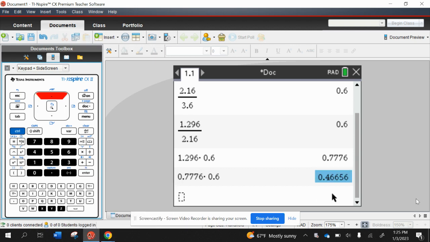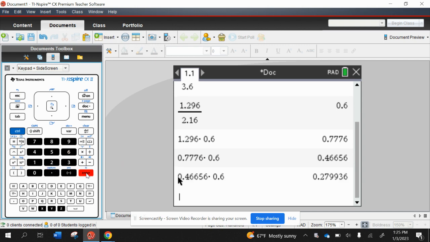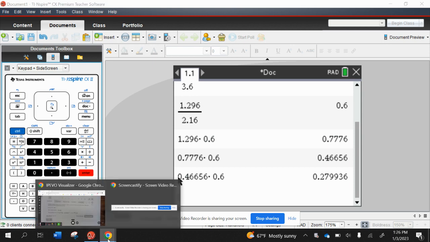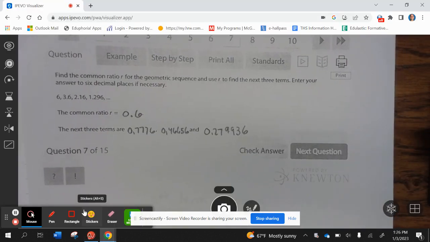And then we're going to highlight, enter, times 0.6 is 0.279936. All right, go ahead and finish up example 7.